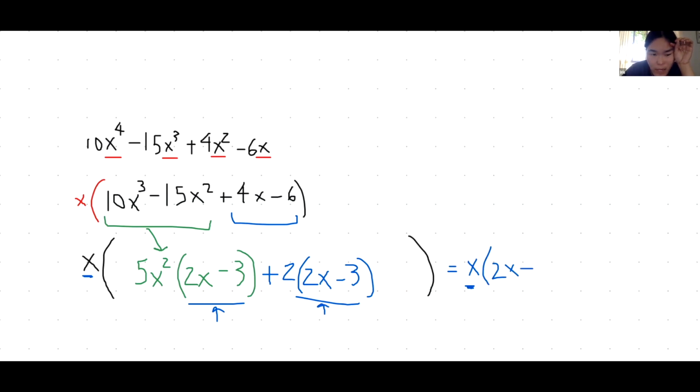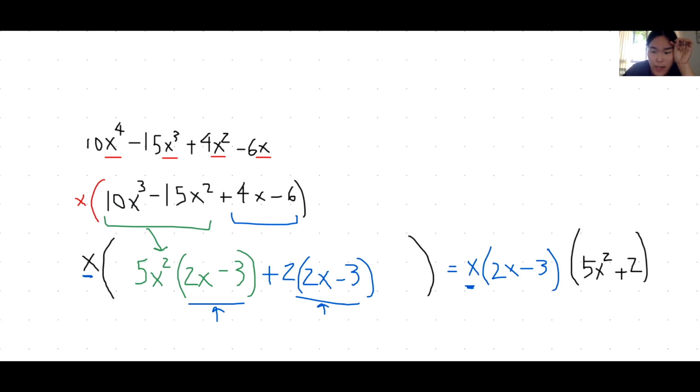And then what I'm left with is 5x squared plus 2, right? And that's it. Is that okay? Any questions?